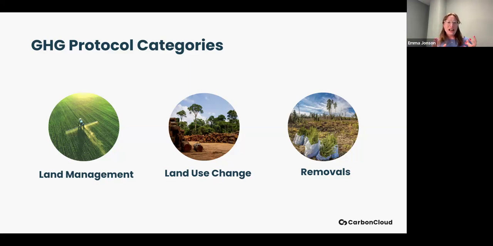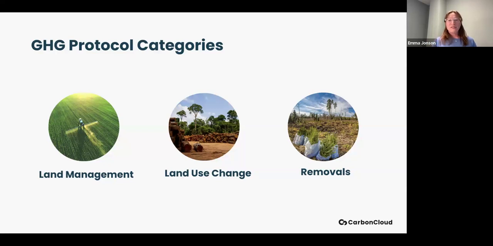So we have land management. What happens during your agricultural practices on the piece of land that you have? I'm talking now mainly about crop production to keep it simple. And we have land use change, which happens when one type of land use is converted to another type of land use, for instance, forestry to cropland.